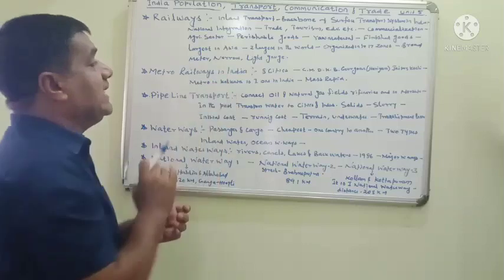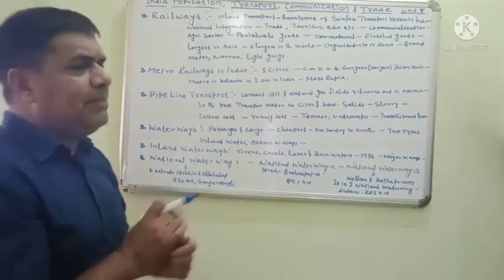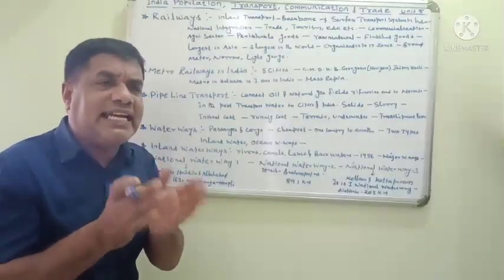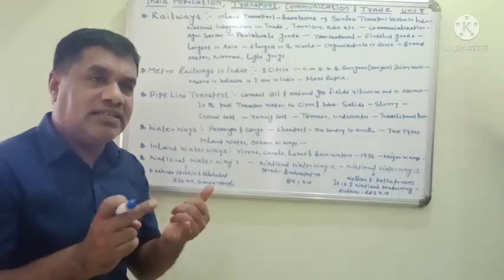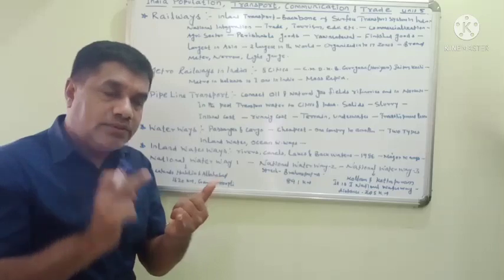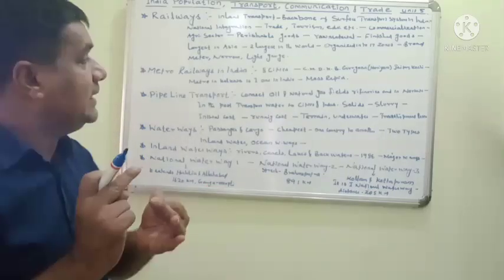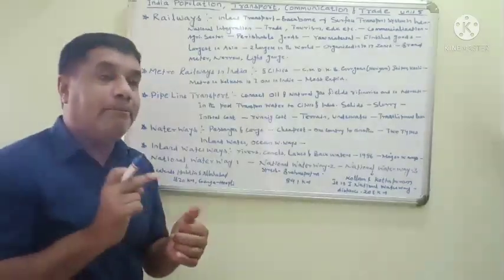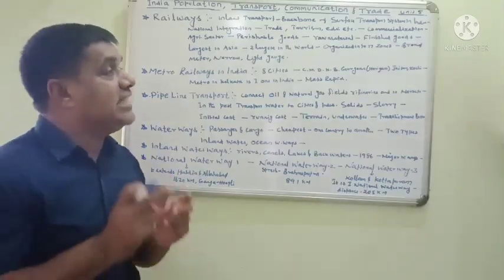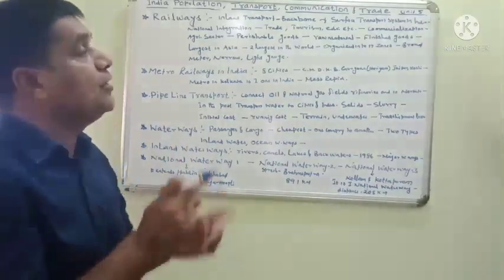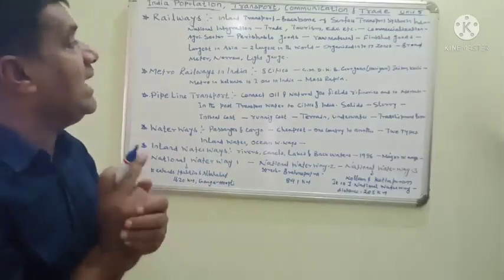Metro railways in India connect 8 cities in our country. What are they, students? I already told you: Chennai, Mumbai, Delhi, Kolkata, Bangalore, Gurgaon in Haryana, Jaipur in Rajasthan, and Kochi in Kerala.